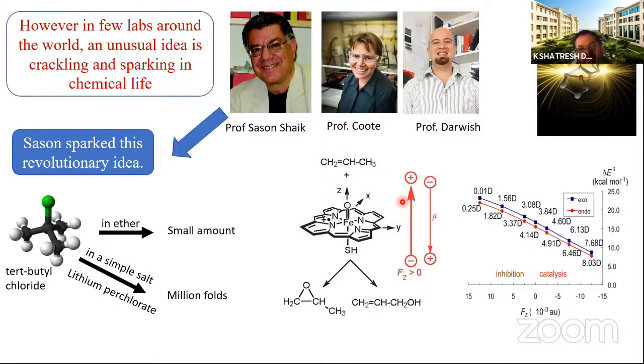So all this story, from 1995 to around 2010, he published many papers. And he gave this logic about what happens when we apply an electric field. We know that whenever we go from a reactant to a product, there will be a transition state.